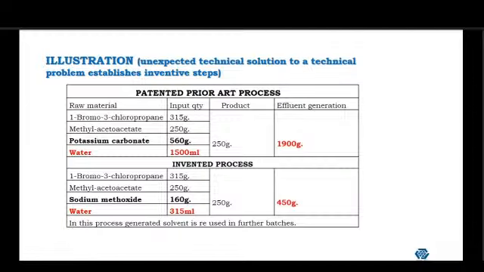And in this process, the solvent which is produced can also be used for further batches. So these are the inventive steps of this invention as compared to the prior art, which has made this invented process a patentable process.